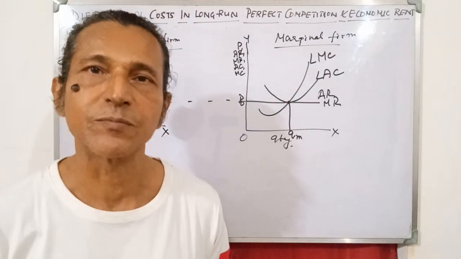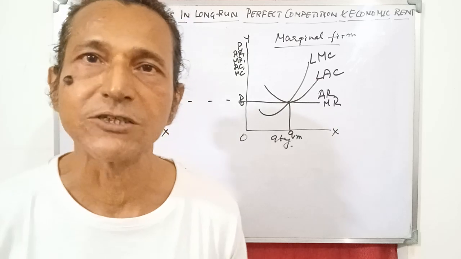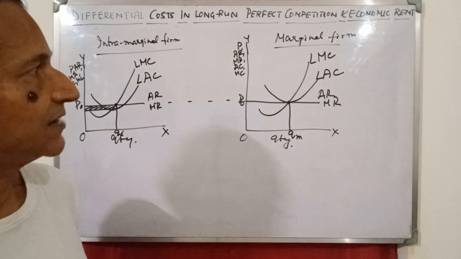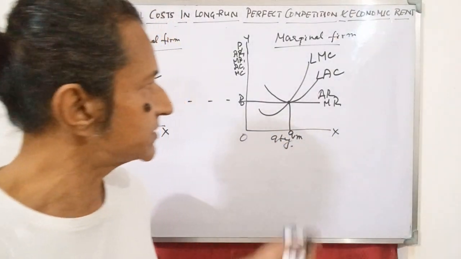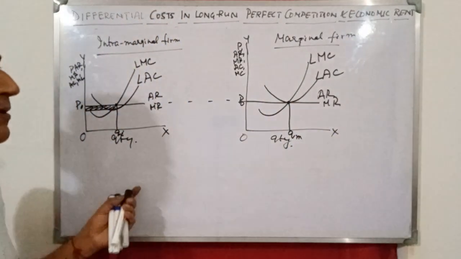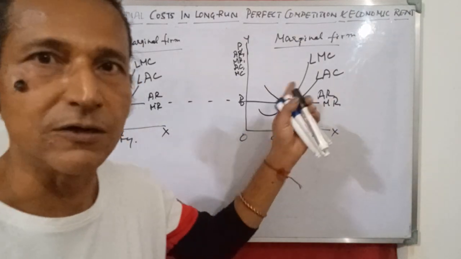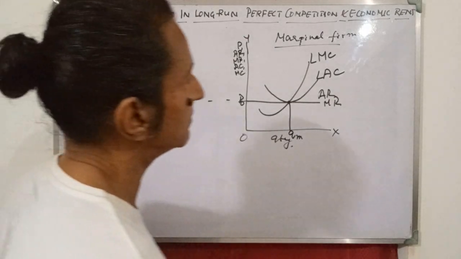As a result, their productivity is higher compared to the marginal firm, so their average cost is lower. In the same way, the marginal firm is employing less efficient resources. As a result, their cost is higher compared to the intra-marginal firm, so they are able to earn only normal profit.